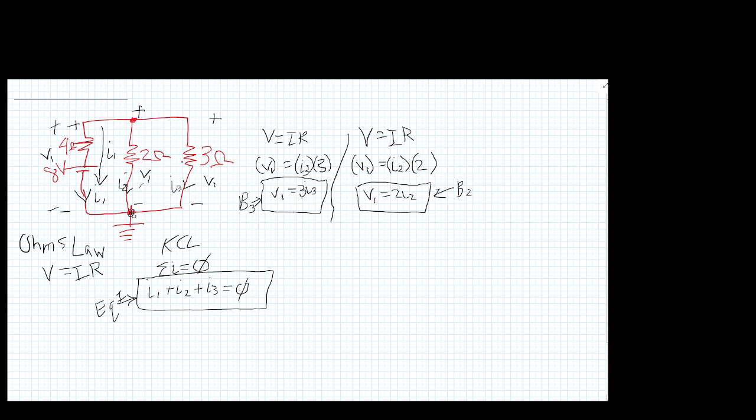So let's go ahead and get the voltage from this little piece here, from this little resistor first. And then we can call this V sub 2.